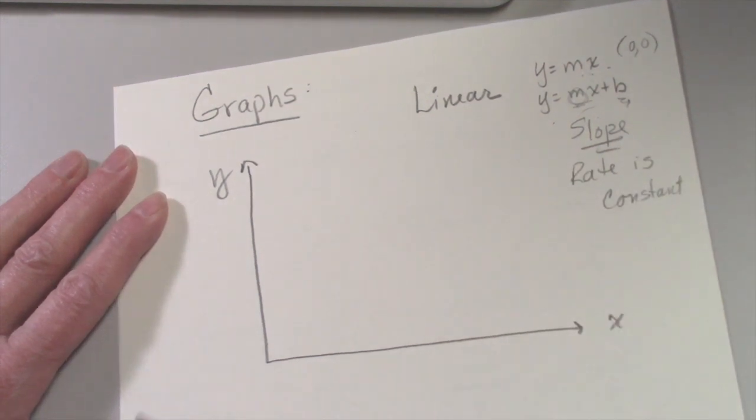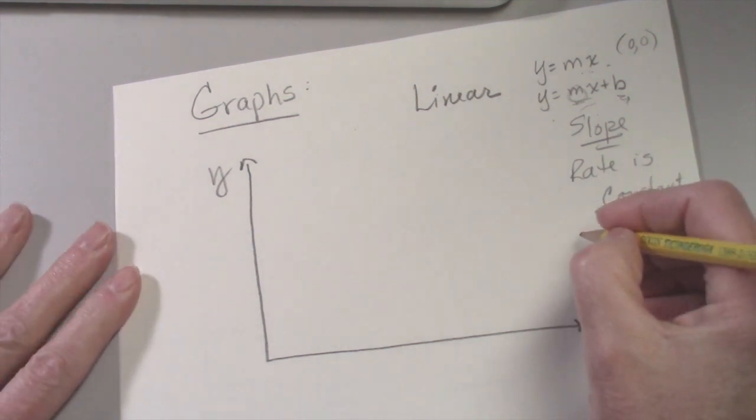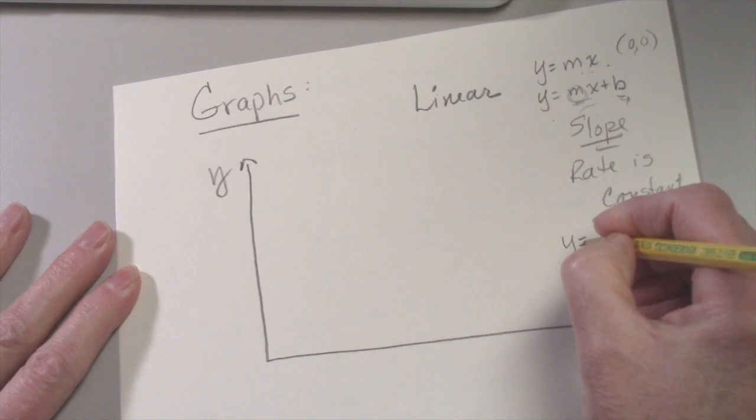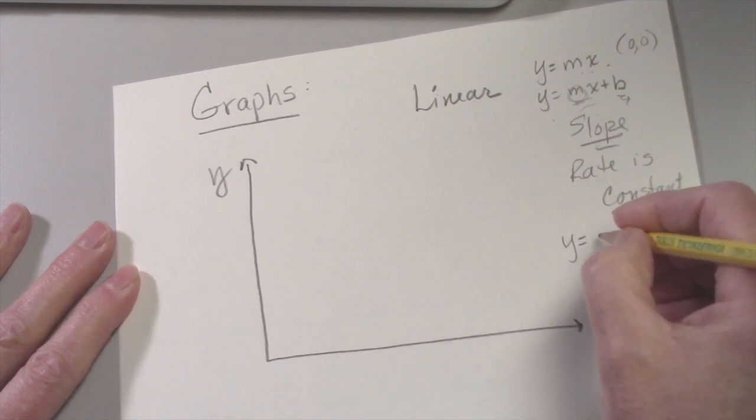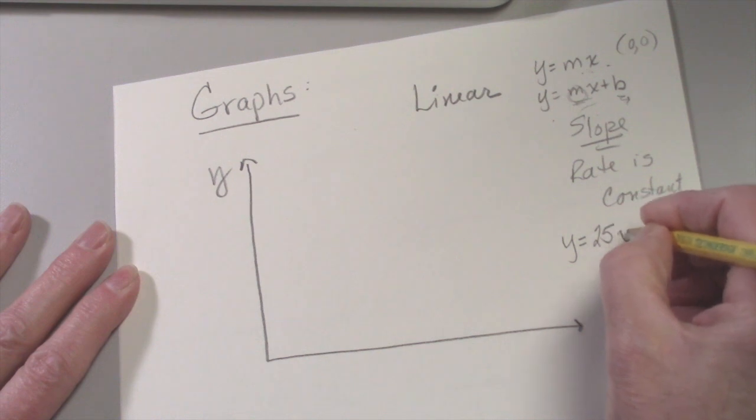So if I was to just sketch any kind of graph over here, for instance, a bank account. Let's say you open an account with $100, and every week you add $25 to it. So 25 times x plus 100.